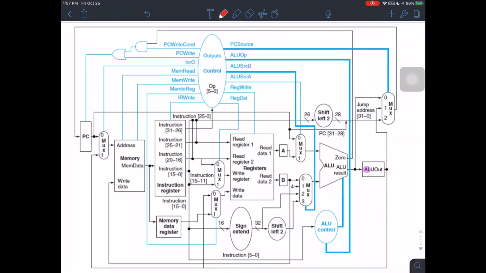And finally, in the fifth cycle, the data is moved from the MDR back into register RT, so that RT can be updated. And that's it for the load instruction.